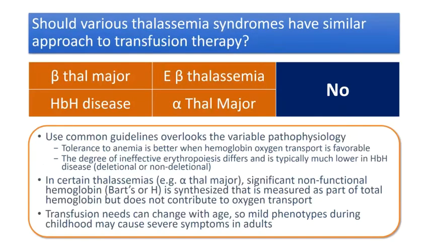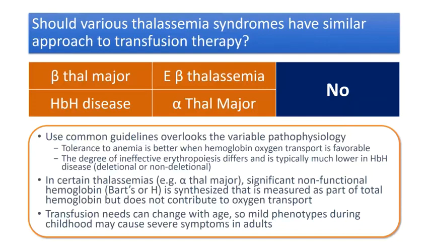So the question that we pose is, should various thalassemia syndromes have a similar approach to transfusion therapy? There are 4 common thalassemia syndromes up there: beta thalassemia major, E beta thalassemia, hemoglobin H disease, and alpha thalassemia major. And the answer, as you can see, really is no. The reasons are described below.